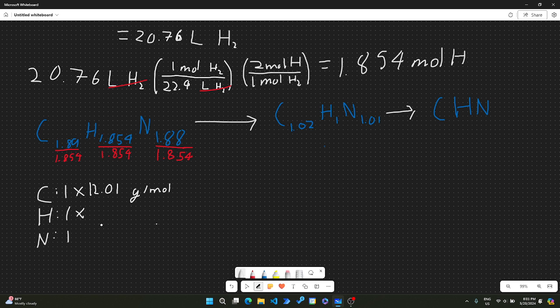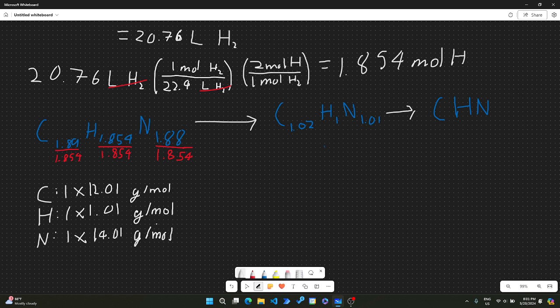The molar mass of hydrogen is 1.01 grams per mole. And the molar mass of nitrogen is 14.01 grams per mole.